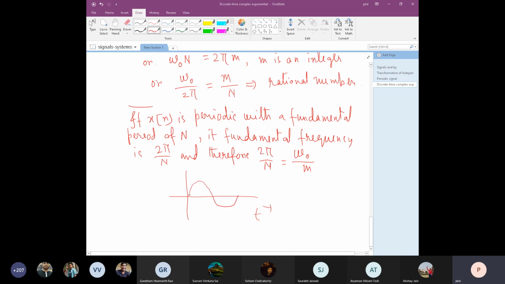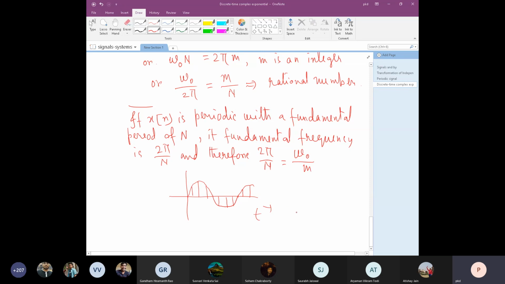Suppose I sample at a fraction of that omega naught, so that the sampling frequency is an integer times that omega naught. Then what will happen? It will exactly cross here. So therefore we will observe the periodicity.